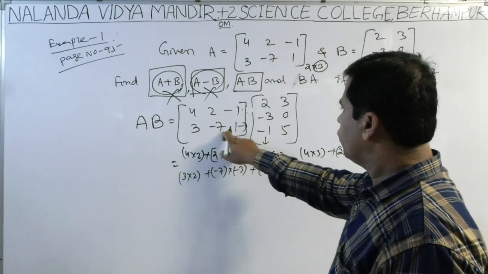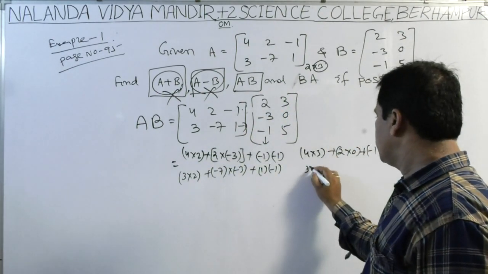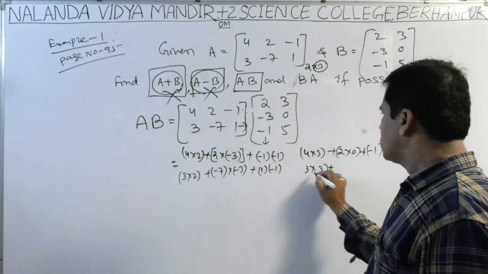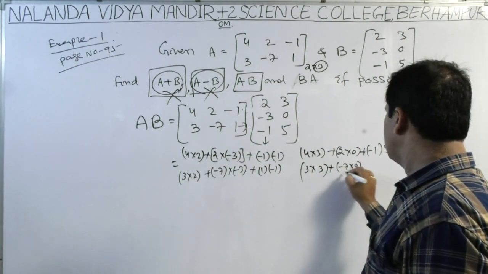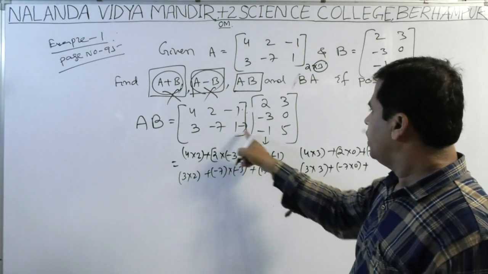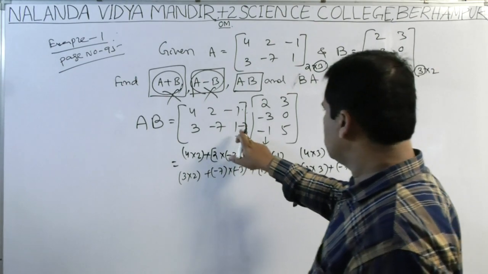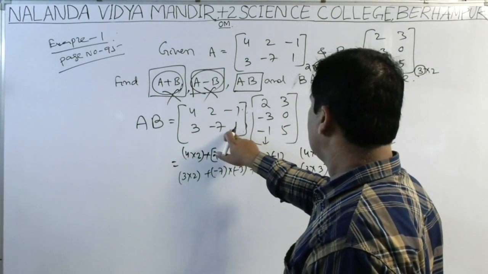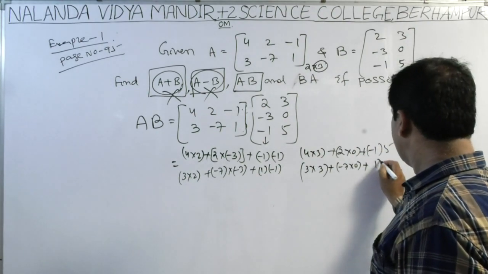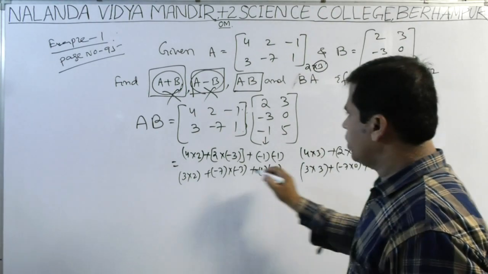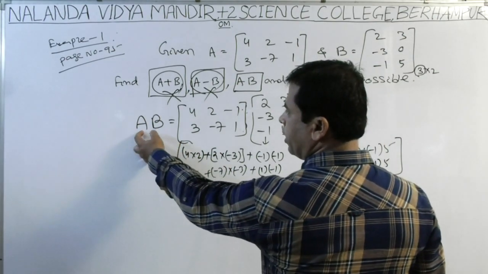Then second row, second column: 3 into 3 plus minus 7 into 0, then plus 1 into 5. Okay. This matrix is our product A with B.